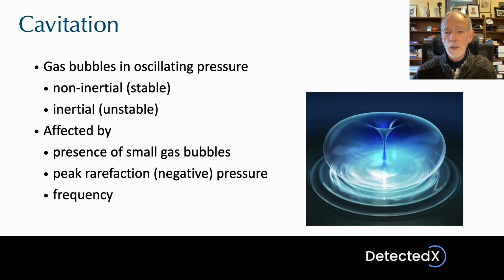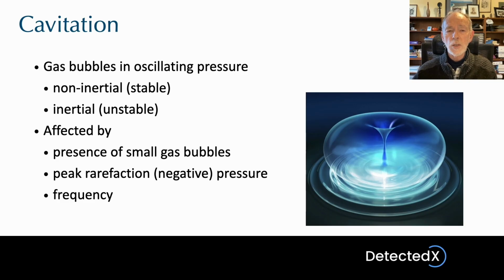It's important because a very large amount of energy is released when the bubbles collapse in this way. This can cause significant chemical changes in the body and death of tissue and so on. So, cavitation is clearly a concern, and in particular the inertial cavitation. What affects the possibility of cavitation occurring? There are 3 parameters. First, you need to have small gas bubbles present, but of course that's the case in the human body.